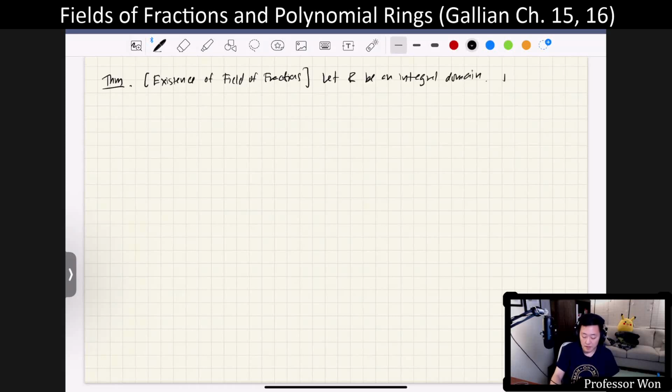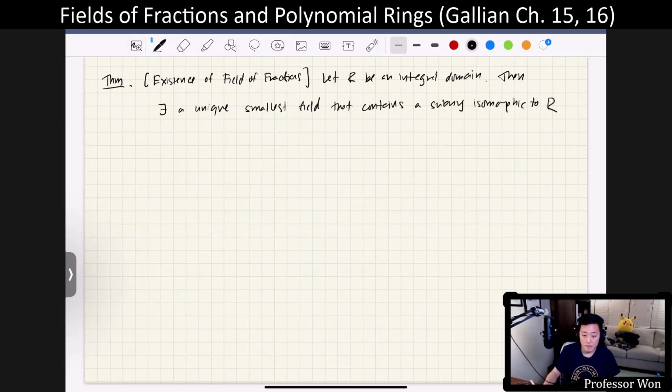Then there exists a unique smallest field F, I should say unique up to isomorphism, that contains a subring isomorphic to R. This field is called the field of fractions of R.